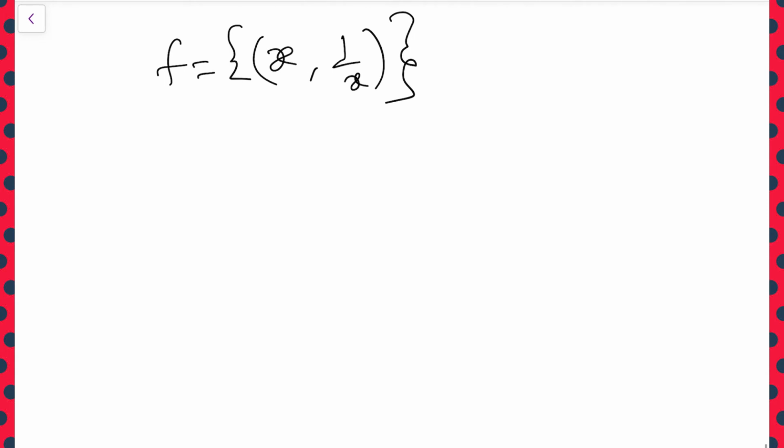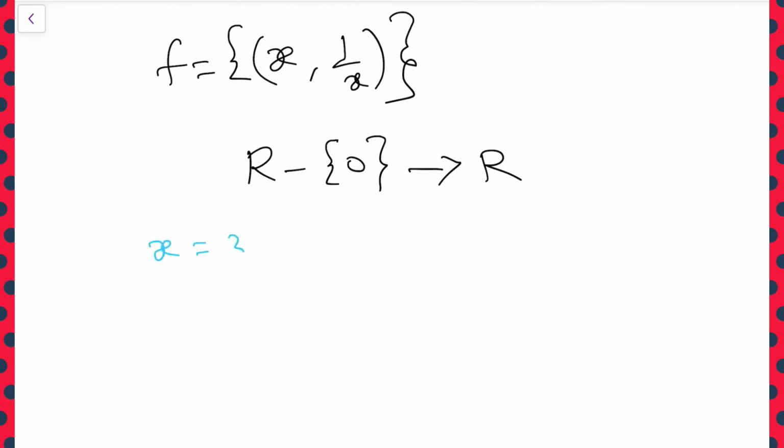So now I will remove the number 0 from the total set of real numbers, R. F is a relation, that is x comma 1 by x, which will become a function if the domain is R minus 0 and the codomain is R as usual. Let us check now once.